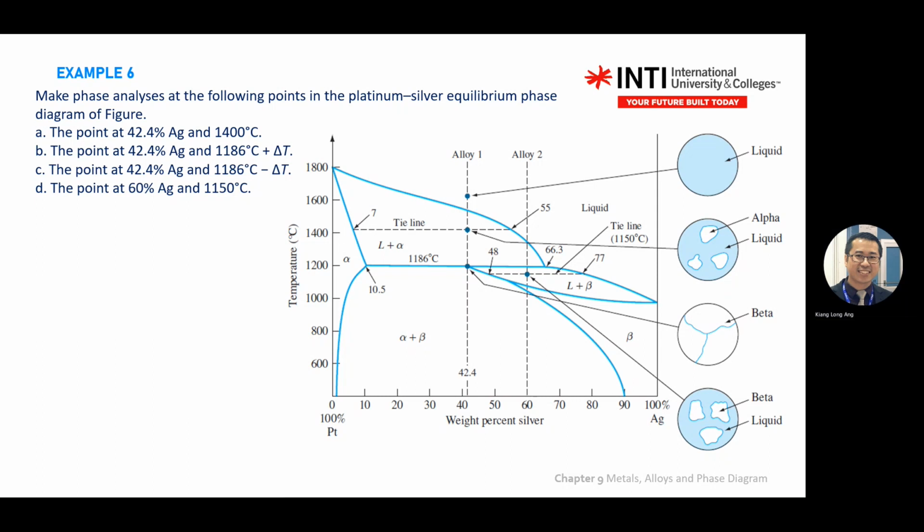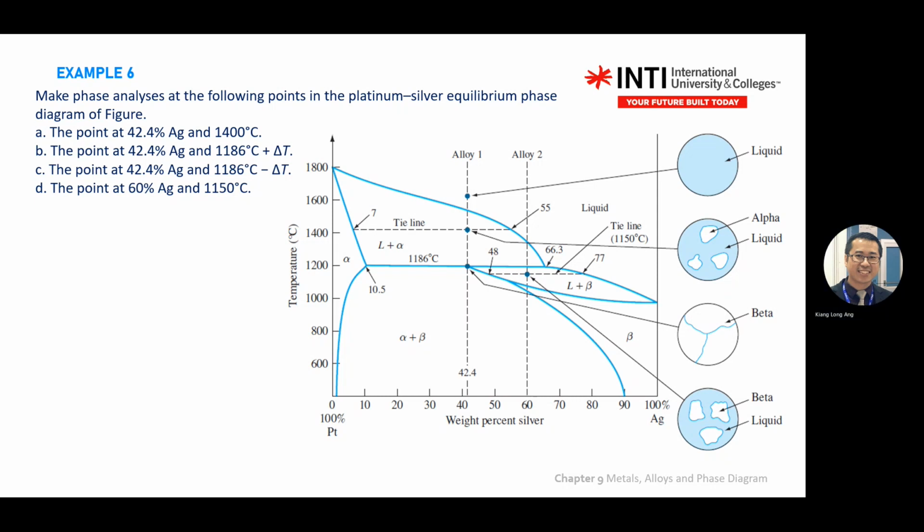Okay. So we slowly see what the question wants us to do. We make a phase analysis. We are given a point at 42.4% Ag and a temperature of 1400.